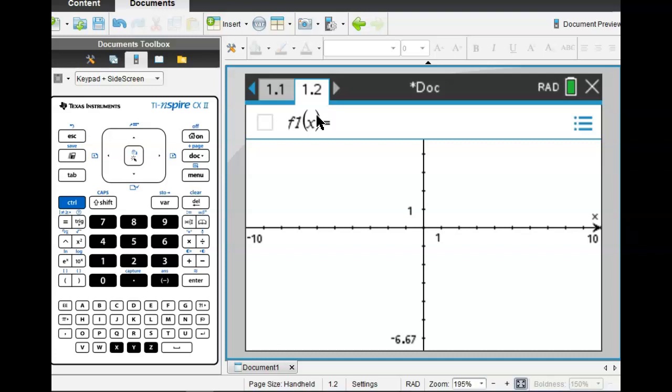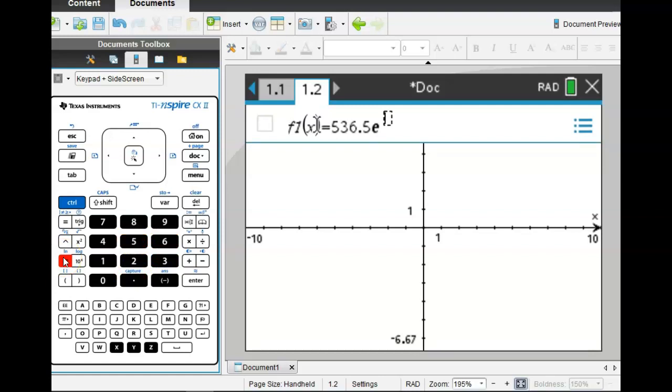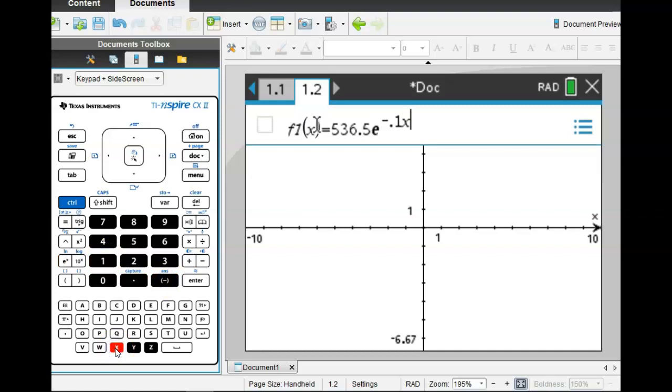Okay, all right. So we have 536.5 e to the negative 0.1 x. Then I'm going to double check myself. And then we have to make sure we hit enter. That was a mistake for a couple of people, right? Enter.